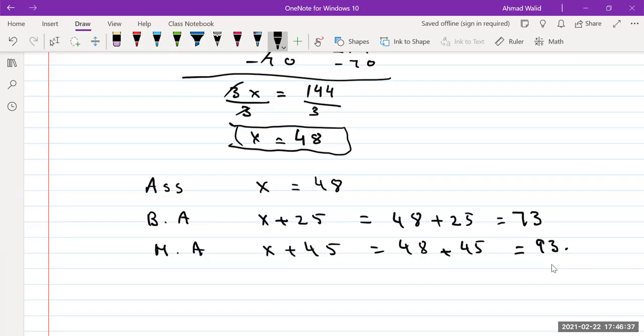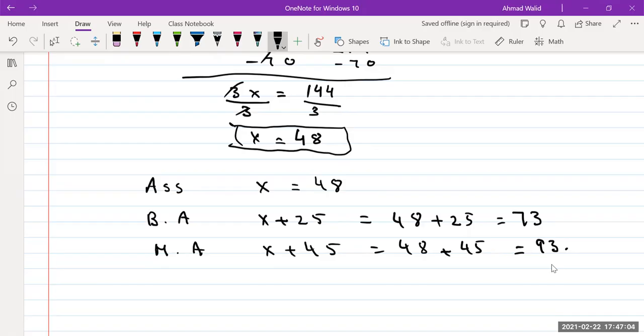After you solved, you see, first it was words. I translated to algebra. Then I solved. Then I translated back to words, right? Associate degree, $48,000. Bachelor's, $73,000. Master's, $93,000.